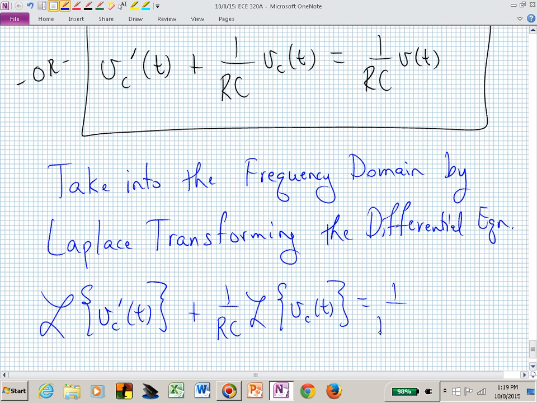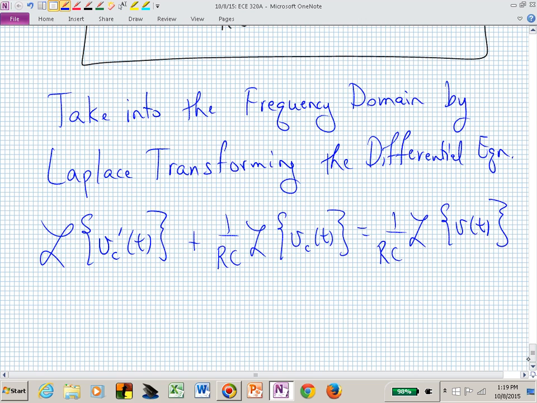And that's 1 over RC times the Laplace transform of little v of t. Is it clear where that blue equation came from relative to the boxed equation above? We're just Laplace transforming each of those 3 pieces by themselves.